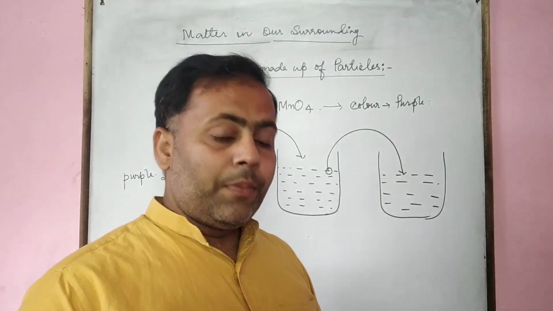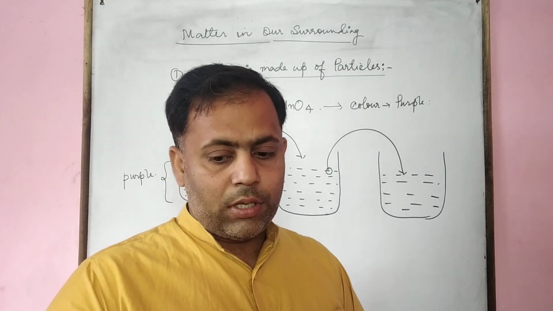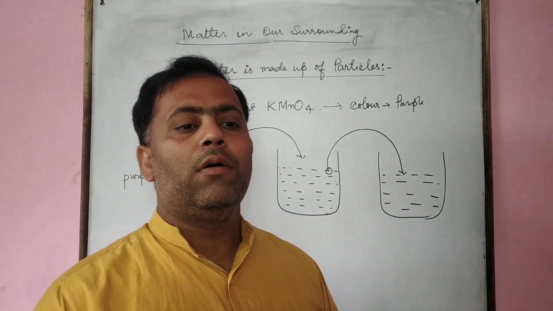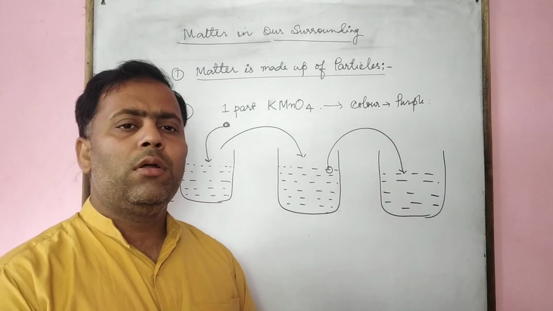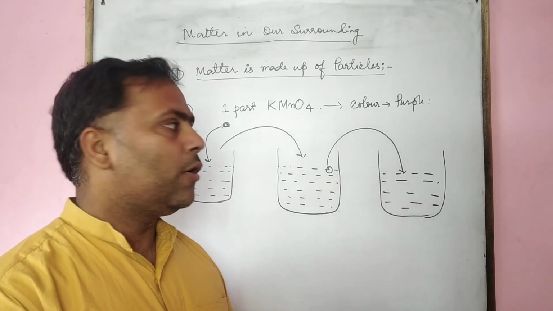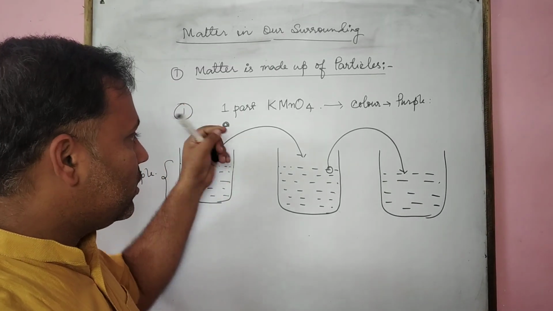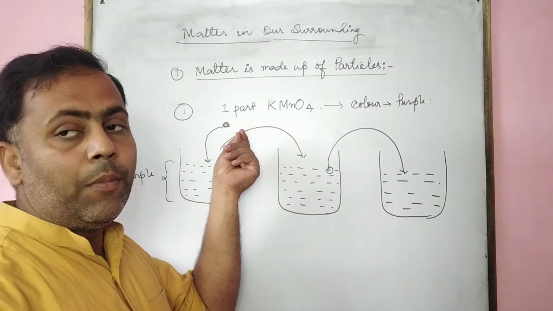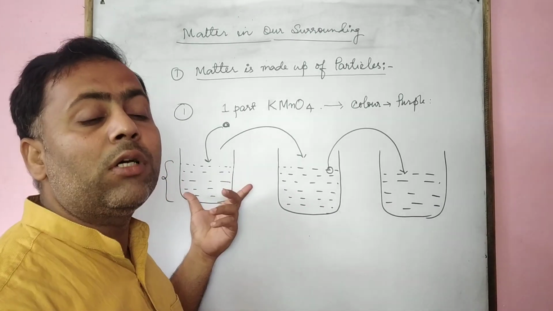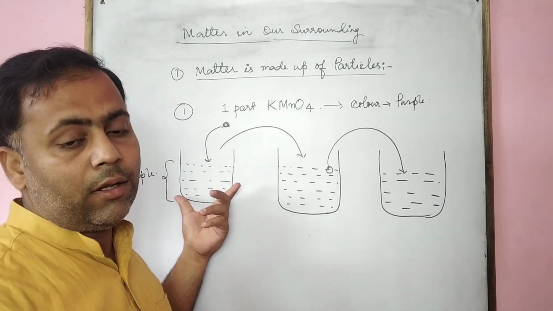What we observe from this activity is that in the first case we have a particle of potassium permanganate which is small itself, but when we dissolve it, it is broken down into constituent smaller and smaller particles. Why is it so?